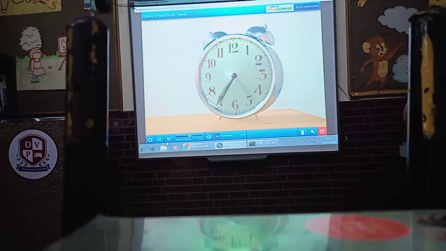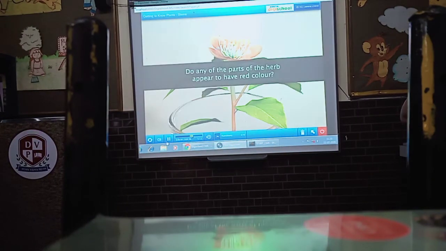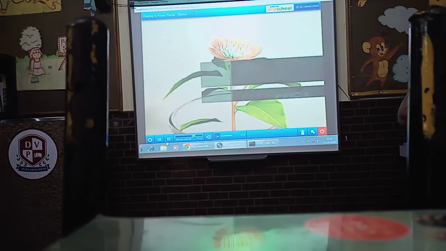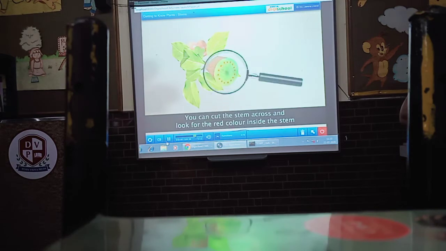Observe it the next day. Do any of the parts of the herb appear to have a red color? How do you think the color reached there? You can cut the stem across and look for the red color inside the stem.